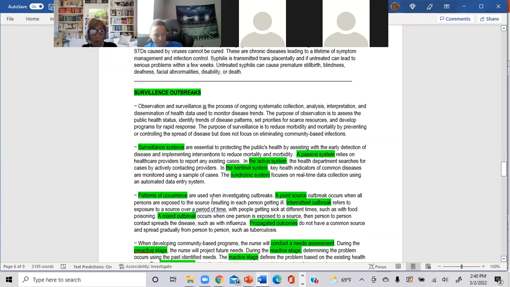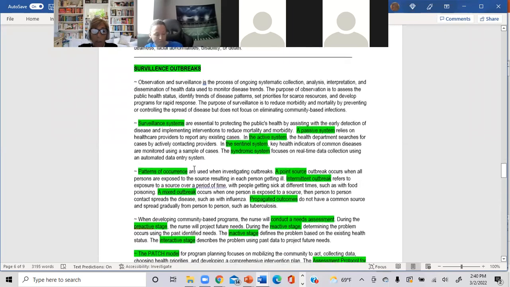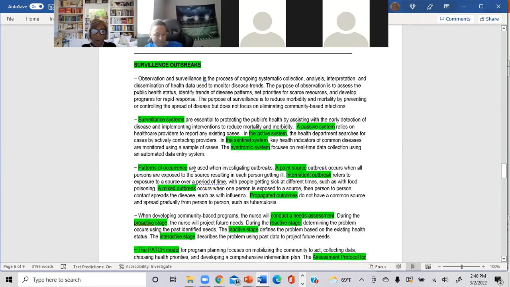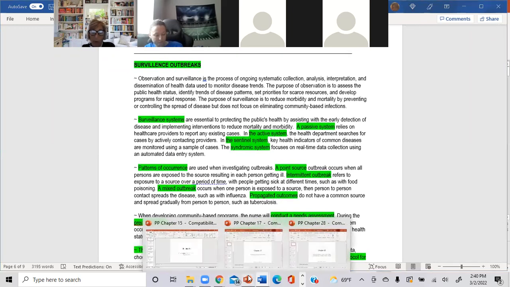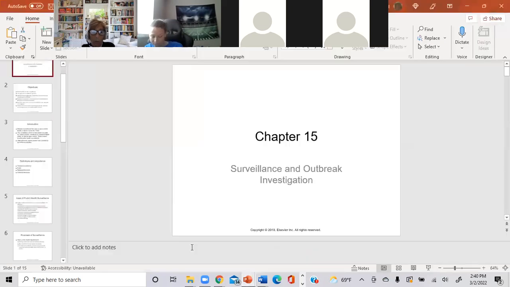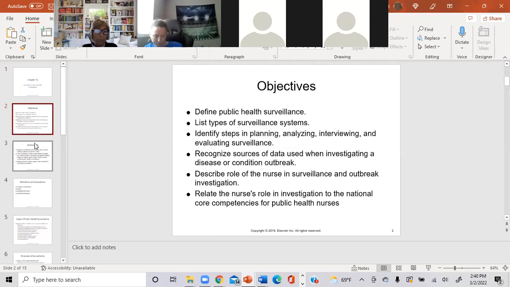This is what we need to know. So I would have just gone to the book and gone through all of these, but I think for this chapter, we'll just review the study guide. Okay. Take that back. We're going to do one thing first. We're going to do the PowerPoint. We won't go to the book, but we'll go to the PowerPoint. All right. And then we'll go to the study guide.